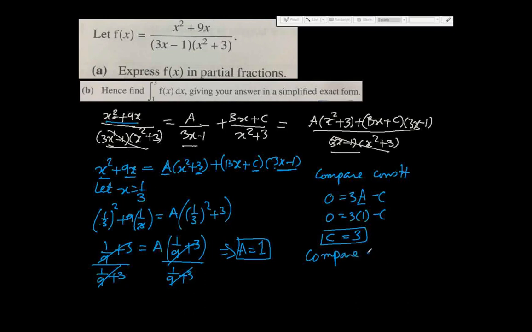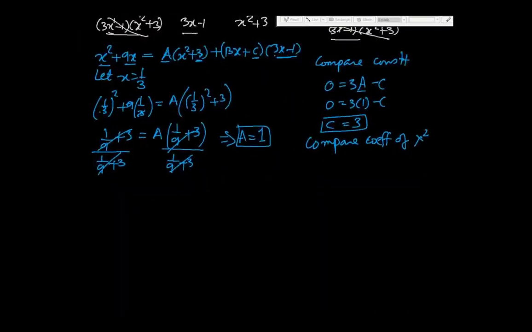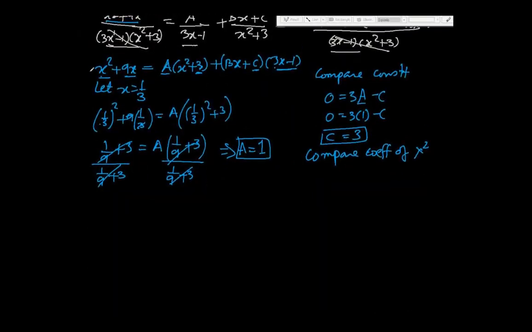Now to find B, we can compare coefficients of x squared or x. I'm comparing coefficients of x squared. On the left side, the coefficient of x squared is 1. On the right side, A x squared gives 1. I'm not writing x squared on both, okay? Bx times 3x will also give us x squared, so it will be 3B.